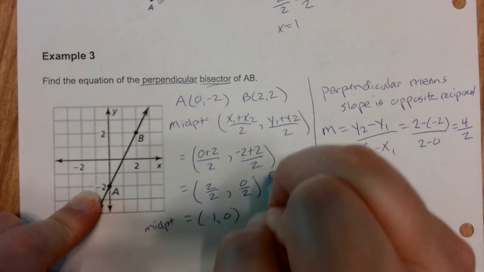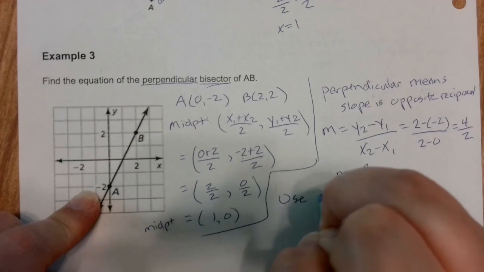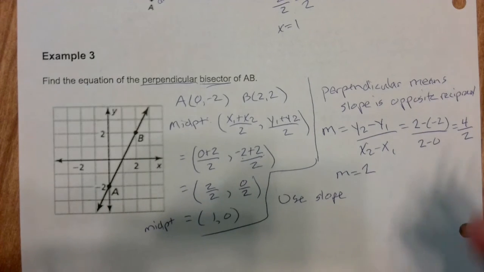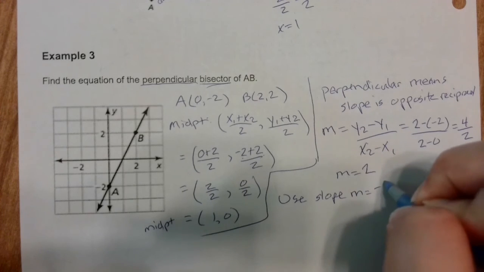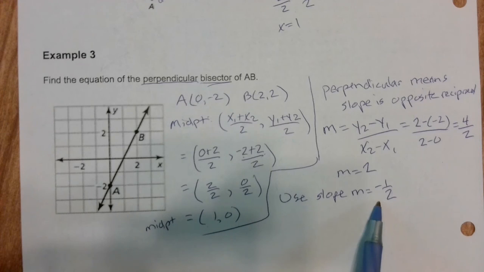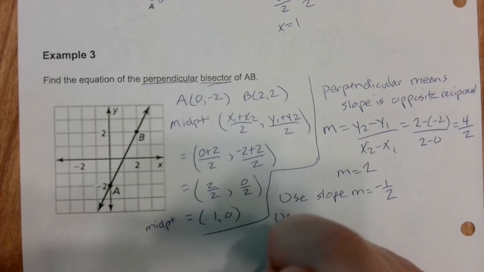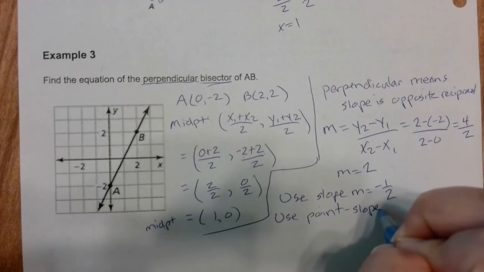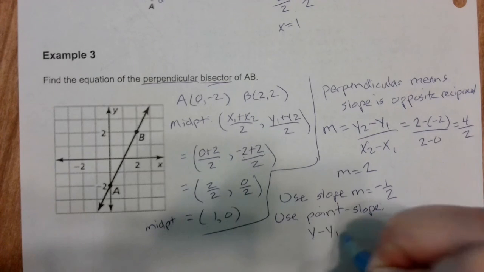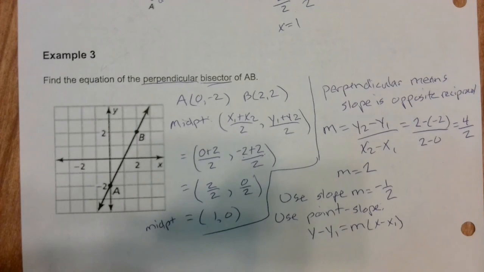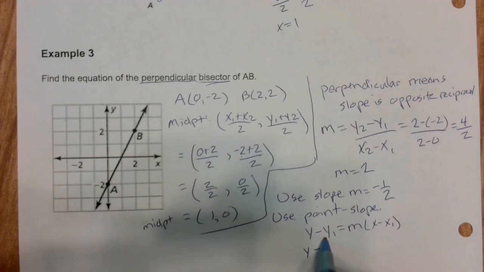So we want to use the opposite reciprocal of 2, which would be m equals negative 1/2. So now we have a point, we have the slope, we're going to use point slope. Y minus y1 equals m times x minus x1. So what's the y value of our point? 0.